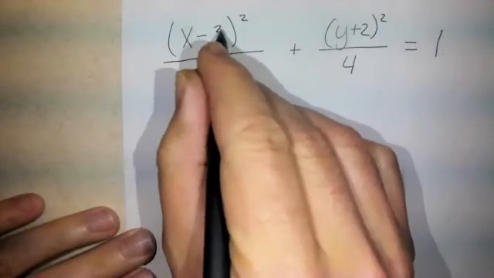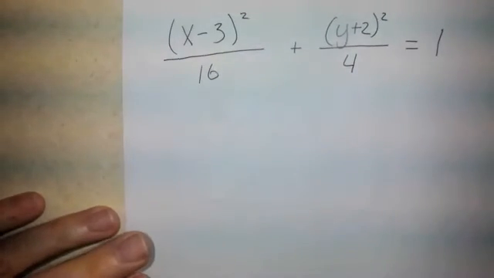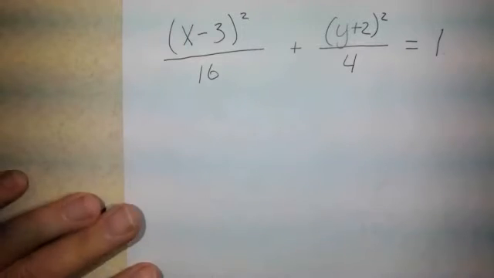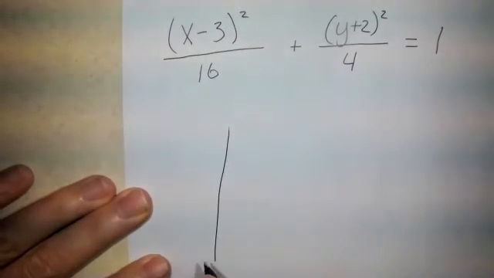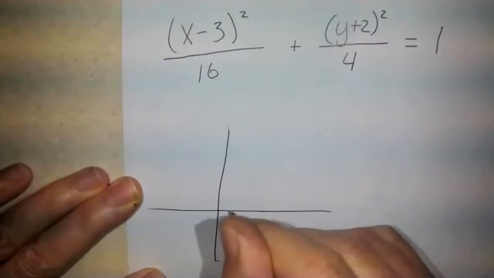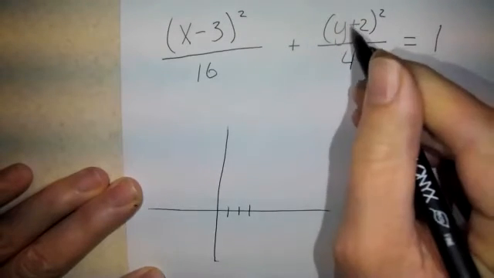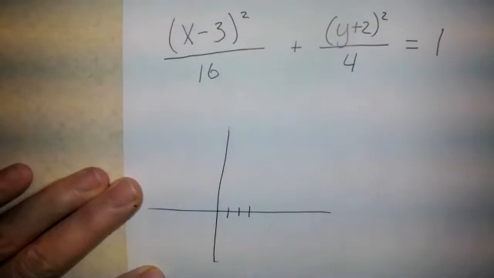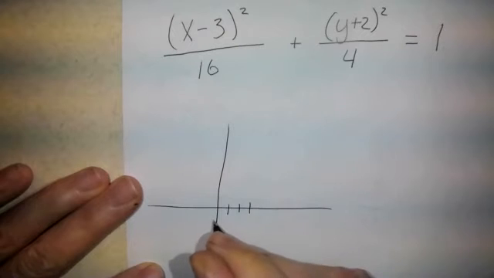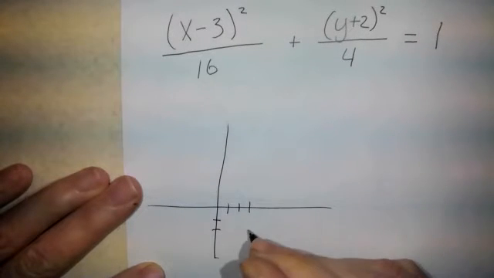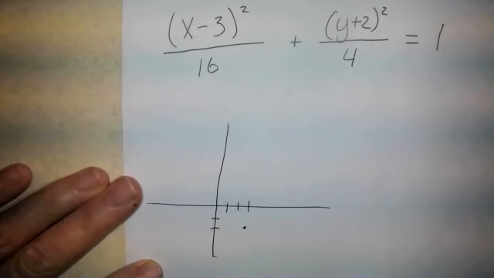We start with the opposite of this number, the additive opposite. So if that says -3, I am thinking +3. So I'm going to go to x being a +3 and y being the additive opposite of that, a -2. And that is the center of my ellipse.